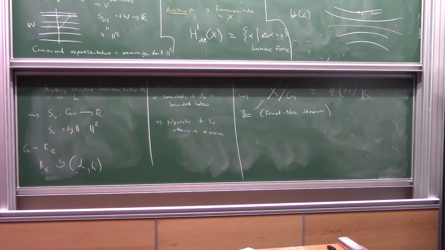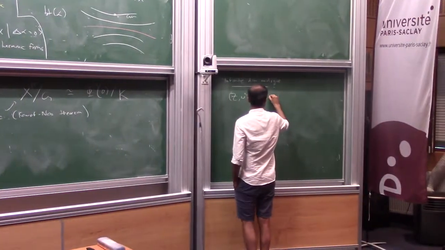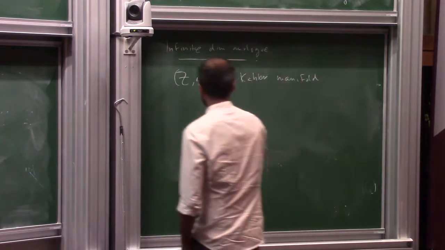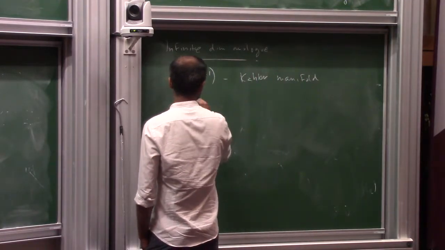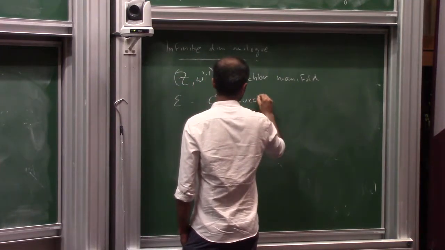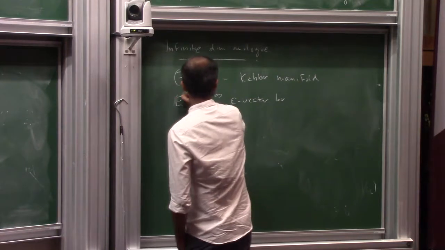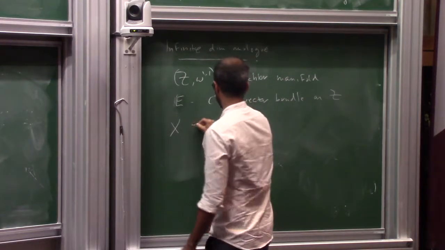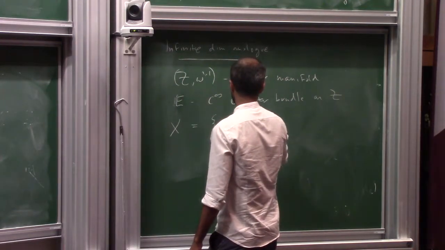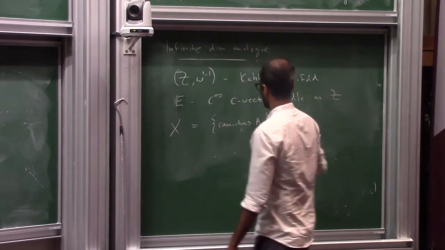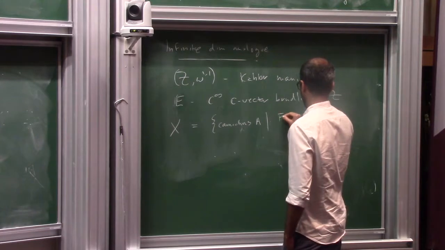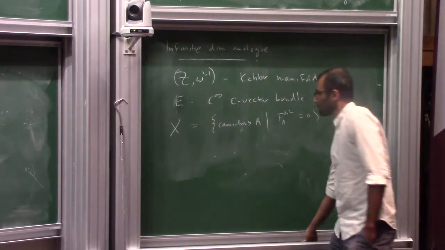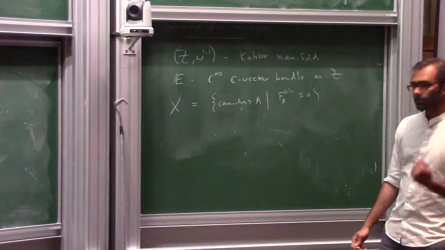So let Z be some complex manifold, and let E be some C infinity complex vector bundle on Z. Let's take X from before to be the space of connections A with F_A^{0,2} equal to 0, so the (0,2) part of the curvature is also 0.